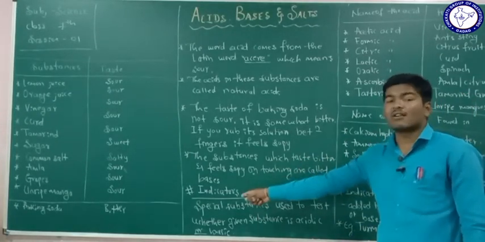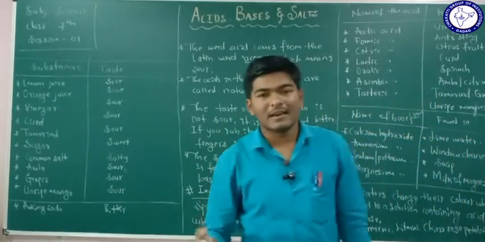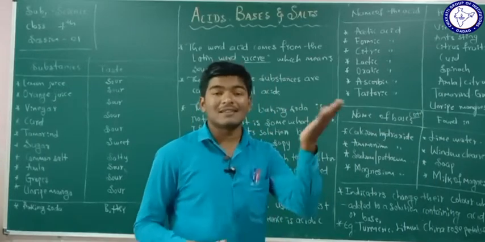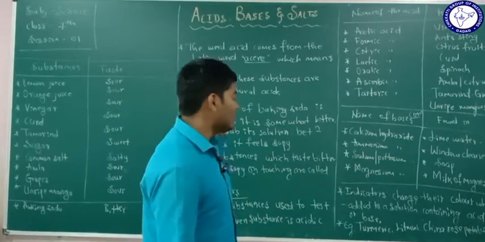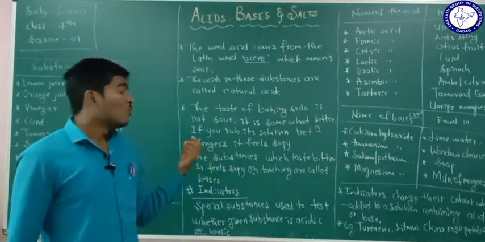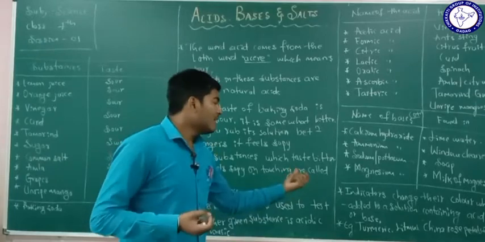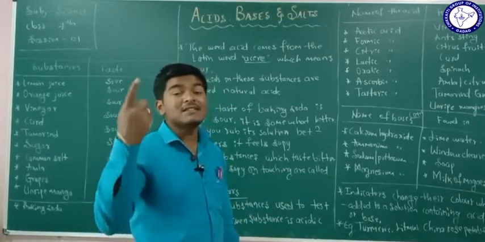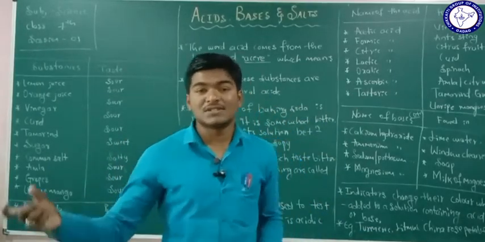Those substances are called indicators. What are indicators? I am repeating here. These are special substances to check whether the given substance is acidic or basic. So what are the features of the indicators here? The indicators change their color when they are added to a base or an acid solution.